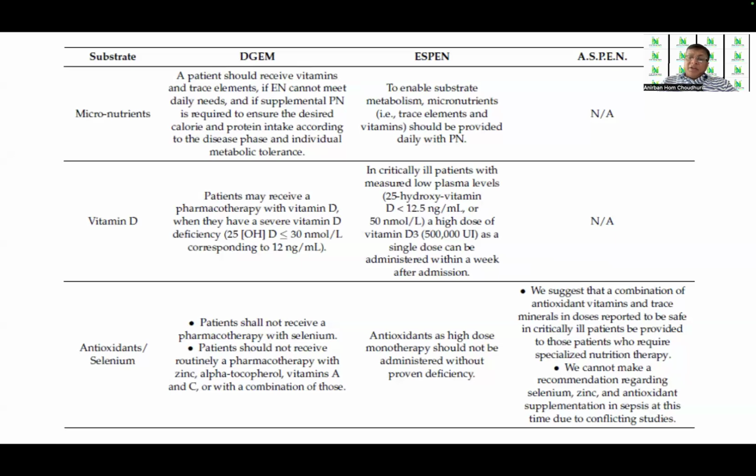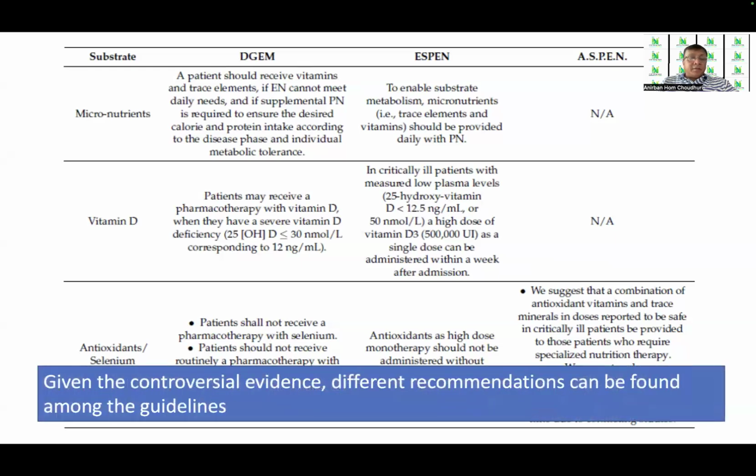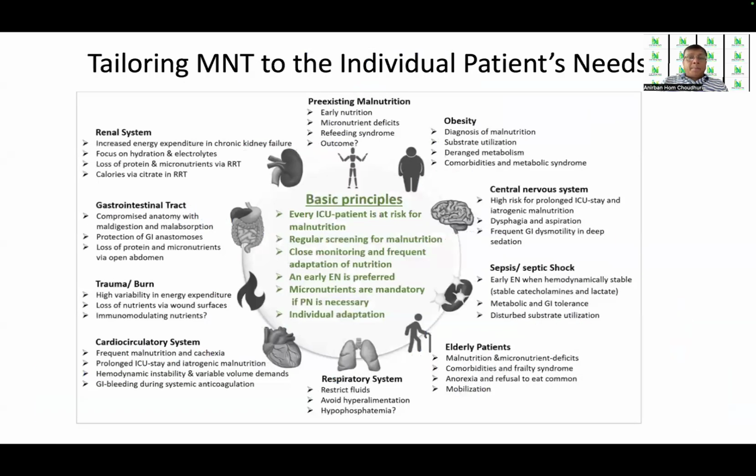But they do not make any recommendations regarding selenium, zinc, and antioxidant supplementation in sepsis because the study results are inconclusive and conflicting. So some controversy exists within the guidelines, and one has to choose which is best as per the local protocol of the ICU and also for the patient.